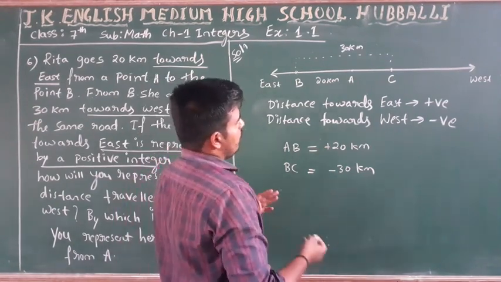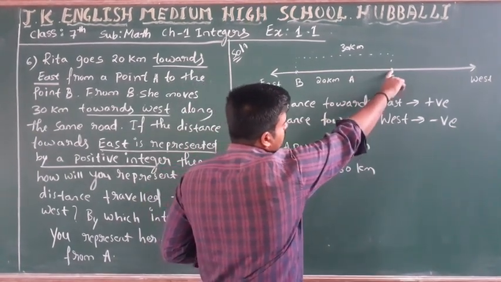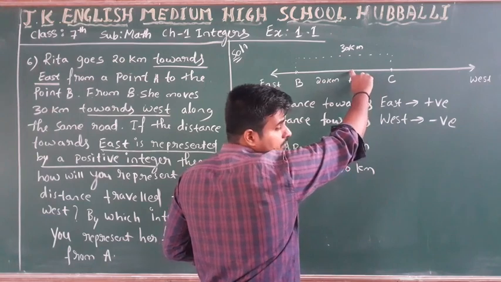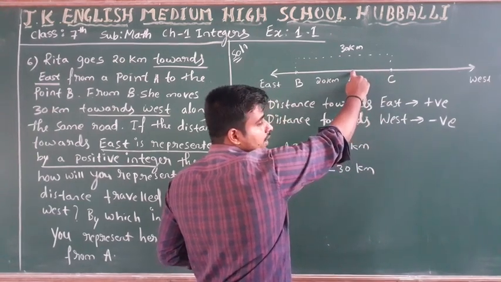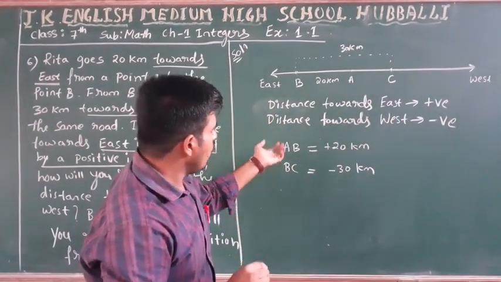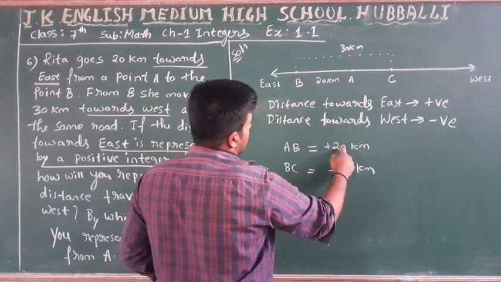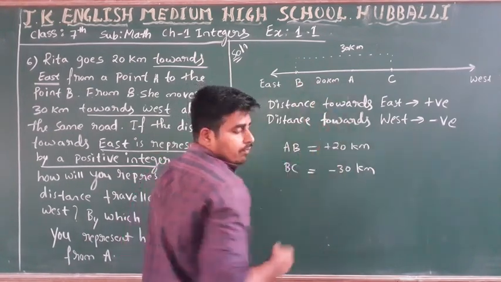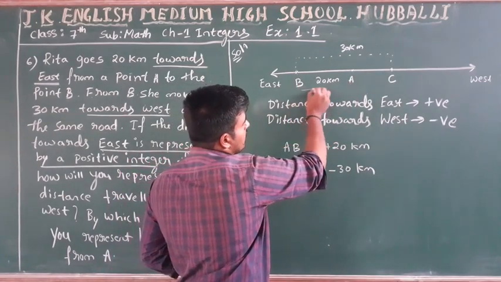Now we will move one step ahead. Actually, what do we want? We want her final position from her starting point. Means we want AC. If we go one step further, AB is plus 20. Then what will BA become? BA is also 20 kilometers, but the direction is in this direction.